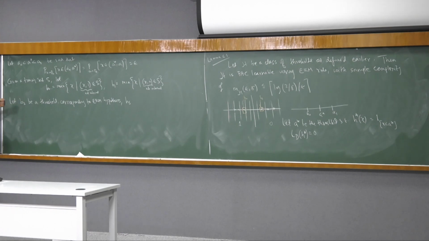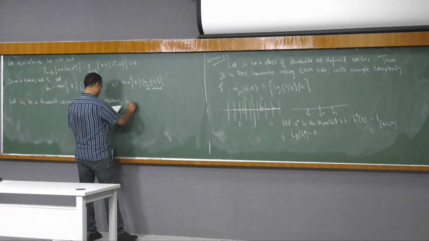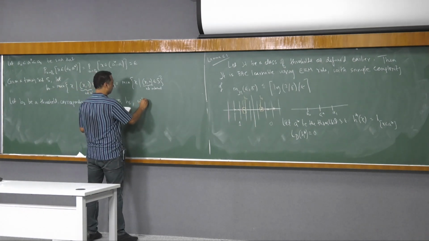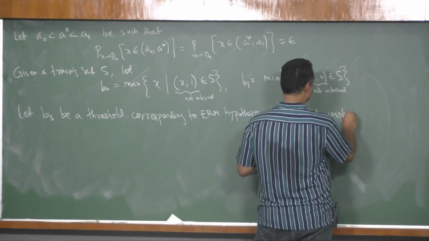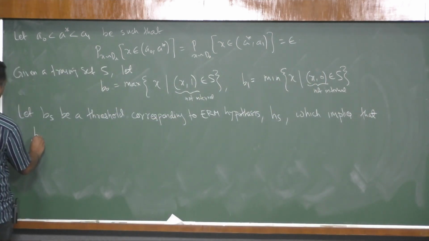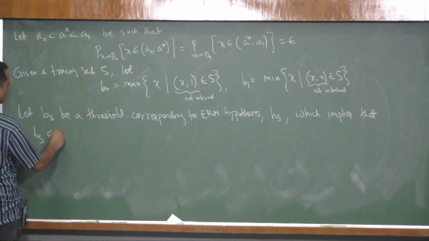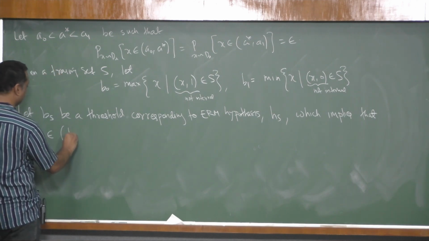So this HS is the threshold that I found after looking at the samples, and that corresponds to BS as a threshold. So as I said, BS must be in the open interval B0 B1, right.